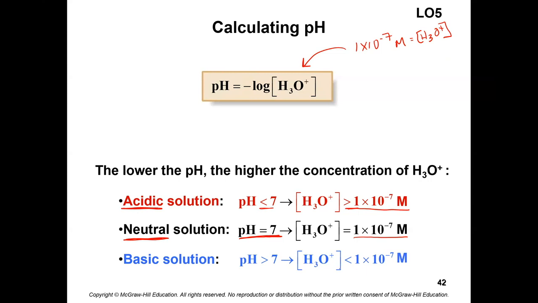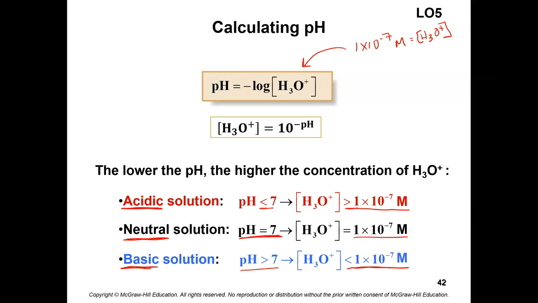When we have a very low amount of hydronium ions, meaning it is less than that of neutral water, when we plug those values into that equation, we're going to find that the pH value is going to be greater than 7. Okay, so when the value is greater than 7, we call this a basic solution, because it has very few hydronium ions, meaning it has an excess of hydroxide ions, or OH minus ions.